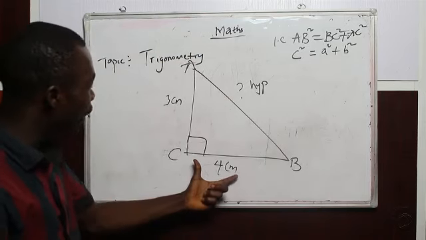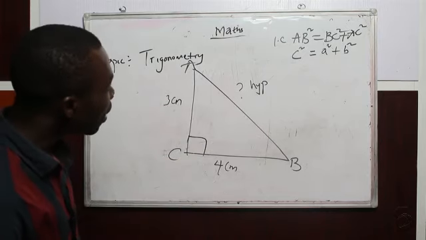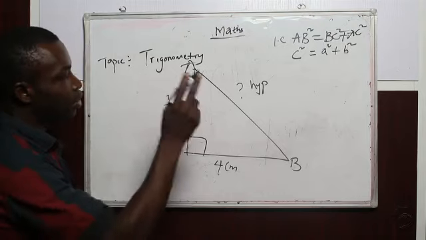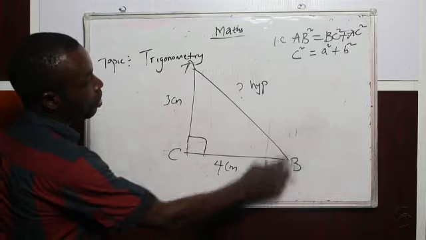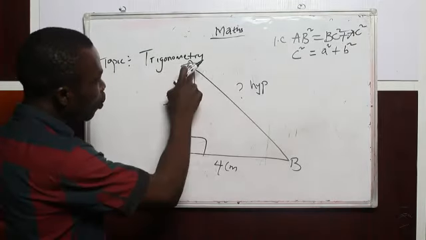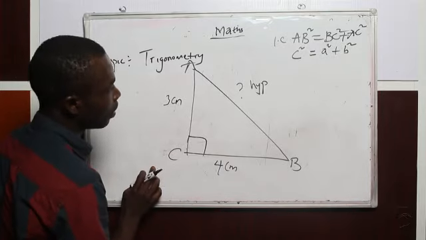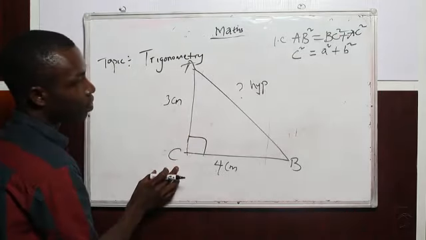Now, how do we find this c square in this triangle? Remember, I told you that the longest side using the Pythagoras theorem is called AB square. So we have AB square is equal to BC square plus AC square.